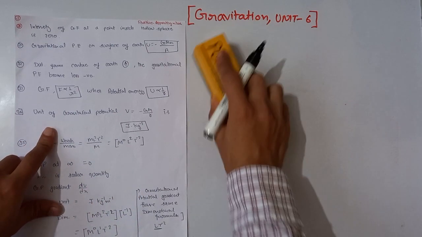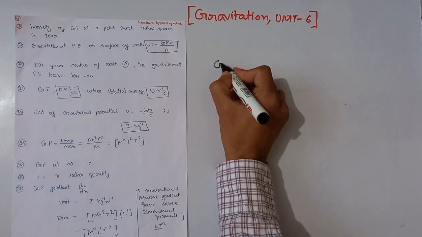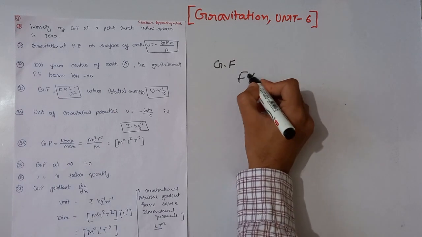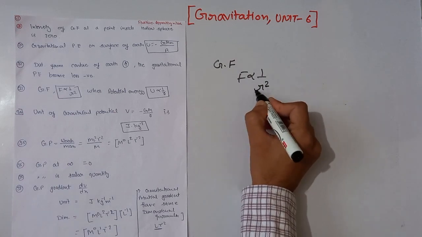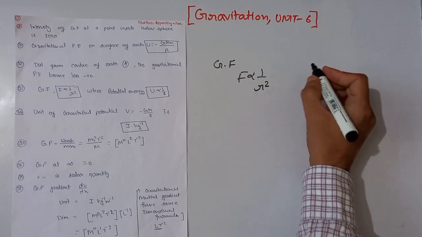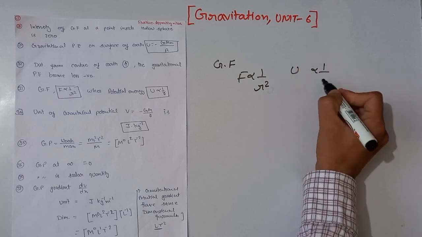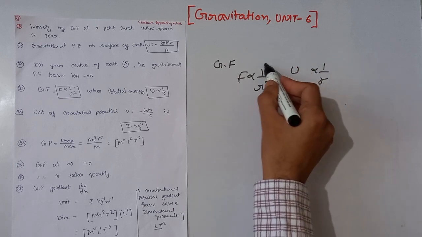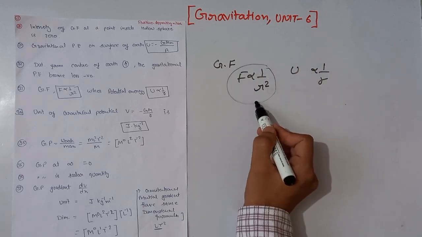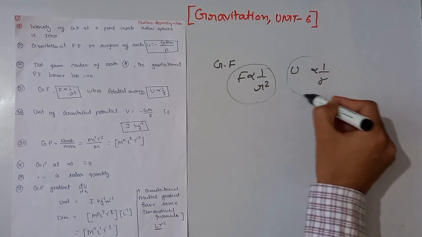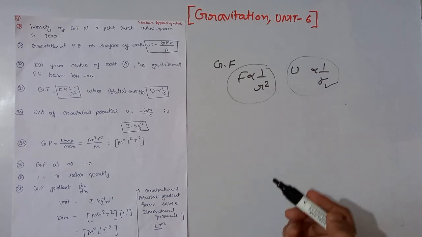And we know that gravitational force is inversely proportional to r squared, where r is the radius of Earth, whereas gravitational potential is inversely proportional to 1 divided by r.